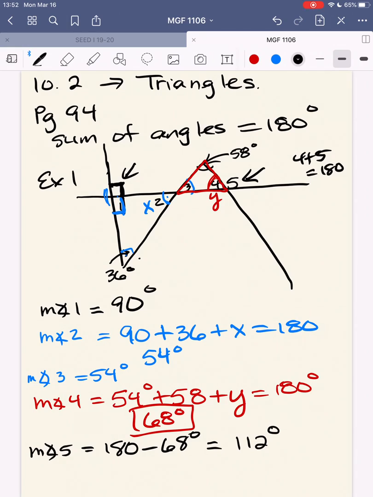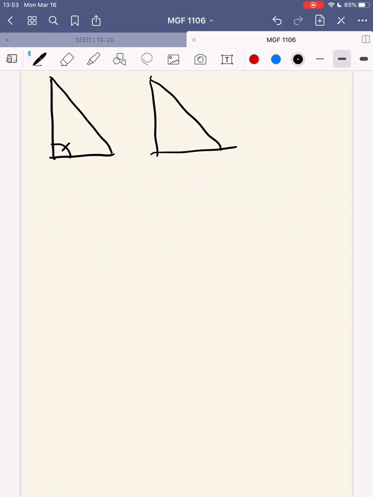Now we've got scale drawings of triangles, and I want to look a little bit at page 96. When we have angles that are the same, not to scale necessarily, if they're marked like this, that tells me no matter what, those two angles are the same.